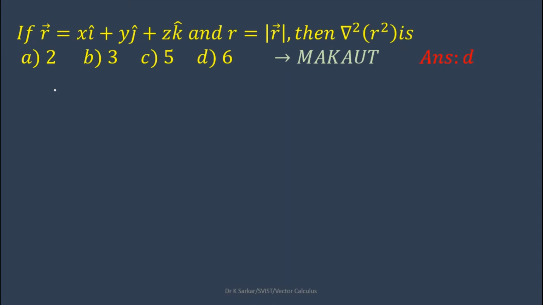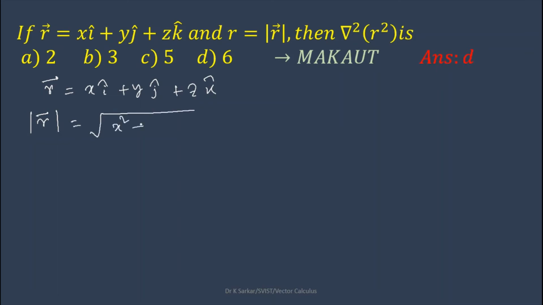Here is a question: if r equals xi plus yj plus zk and r equals mod r, then we have to find del 2 r2. Given r equals xi plus yj plus zk, so mod r is square root of x square plus y square plus z square.